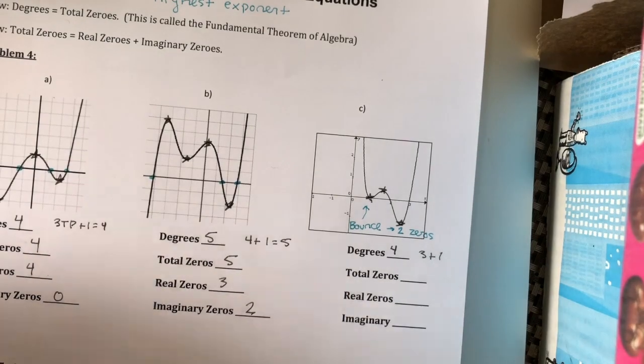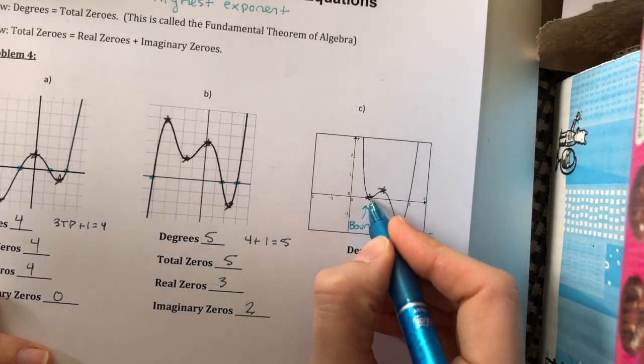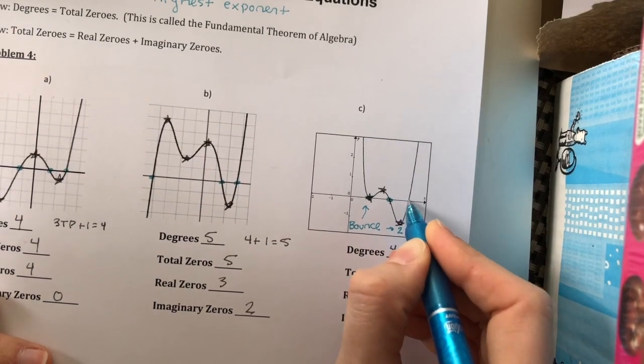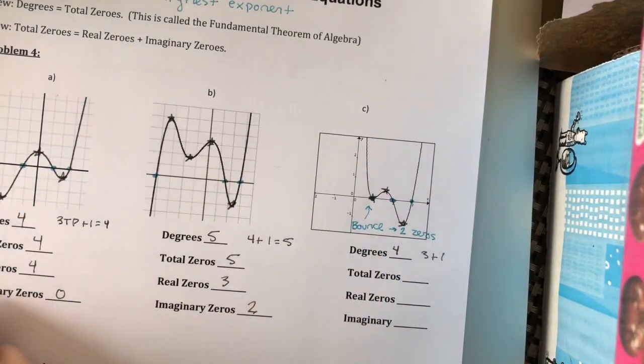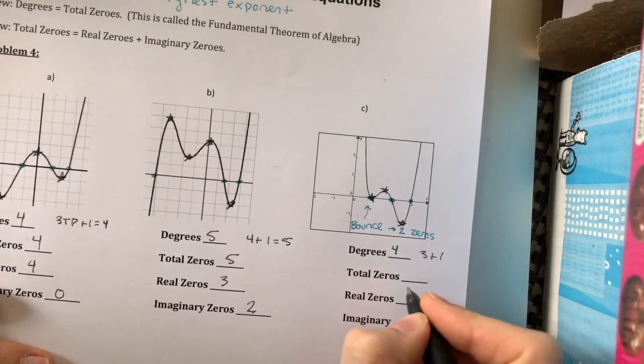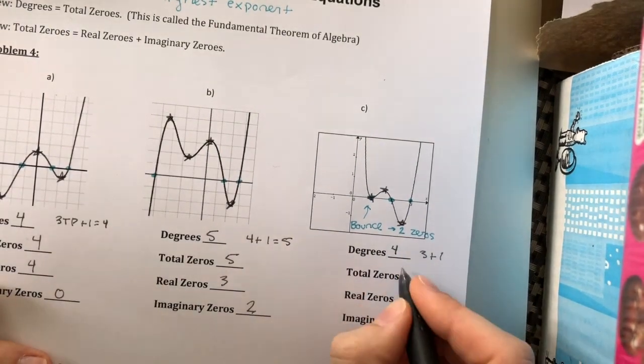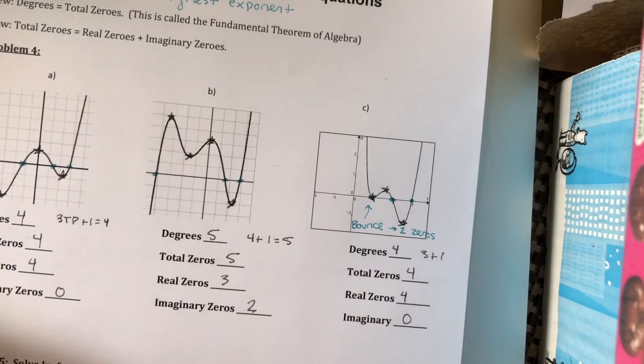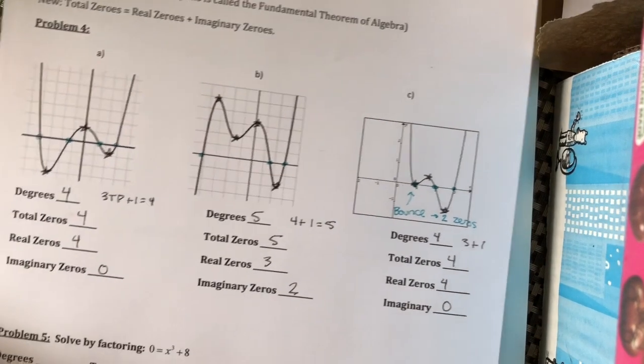And then let's label the total number of zeros. This one counts as 1, 2, 3, and 4. So there are 4 real zeros. Knowing that the degree gives me total zeros, should be 4, that leaves 0 imaginaries.